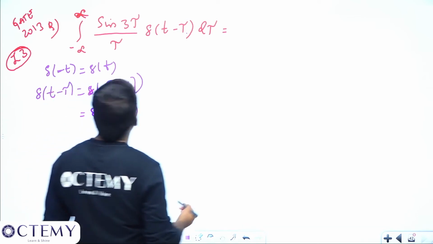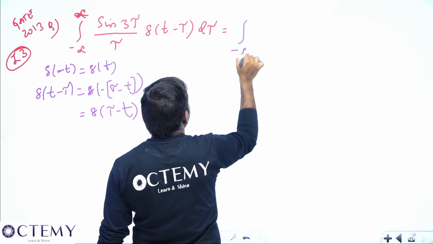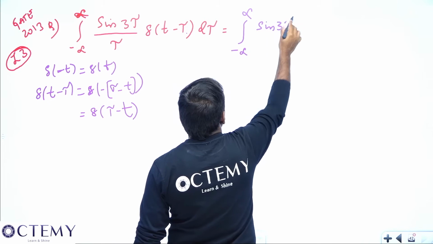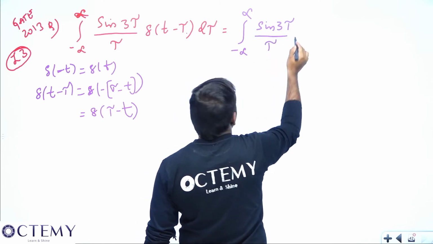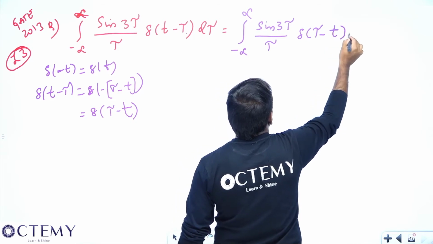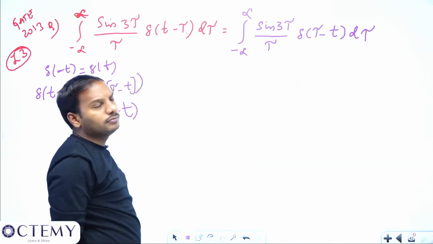So this logic I will try to use now. So integration from minus infinite to plus infinite of sin 3 tau divided by tau, I can simply make it del of tau minus t, and it is d tau. So the whole thing is in terms of tau now.